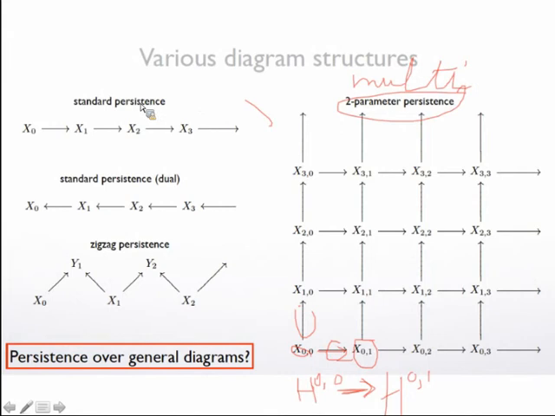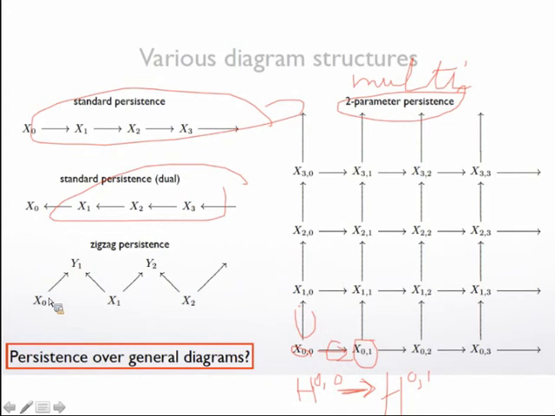We also looked at the standard persistence. Maybe we'll look at the dual, reversing the arrows. And then we can also take a look at zigzag, or maybe more general things. So maybe we'll have something like that. So one could look at all sorts of things, and basically as long as you have a directed graph, you could try to understand something in terms of the persistent homology.